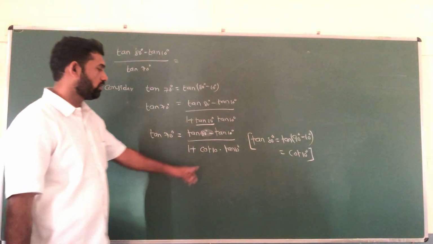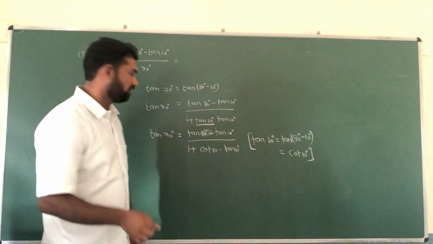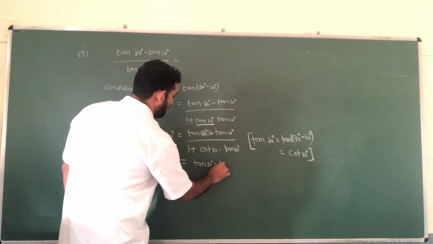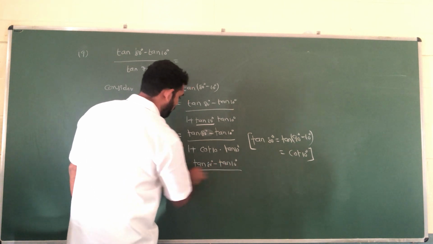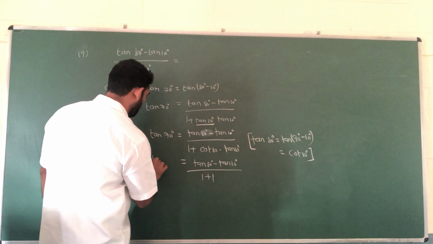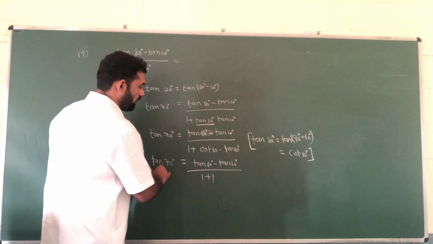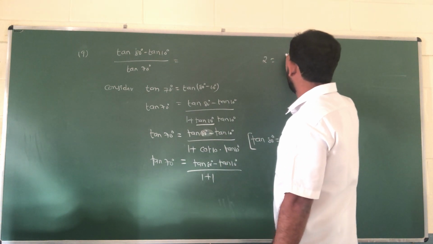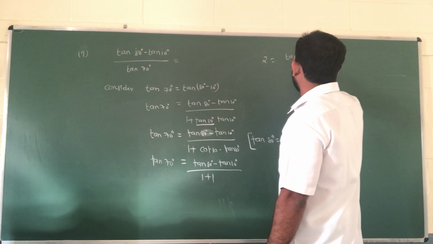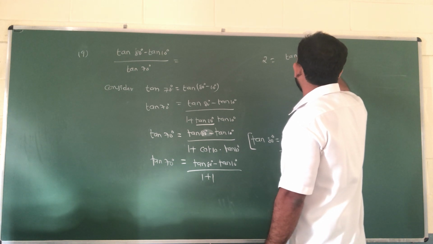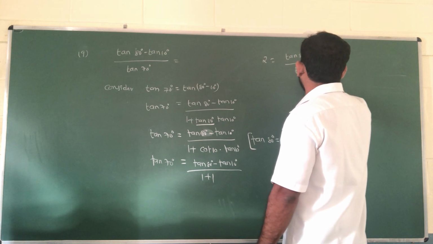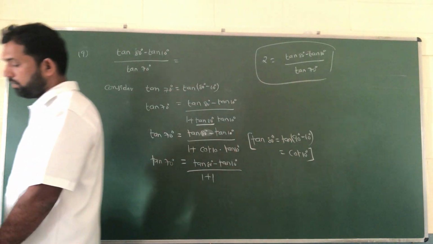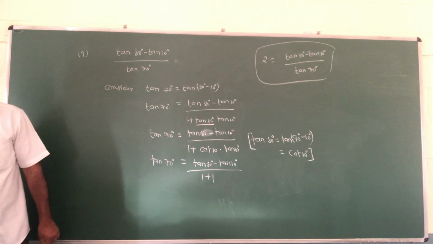So cot 10 times tan 10 is 1. So this value, tan 80 minus tan 10 degrees divided by 1 plus 1, is equal to tan 70. Cross multiply and we get that 1 plus 1 is 2. So 2 is equal to tan 80 minus tan 10 degrees divided by tan 70 degrees. So 2 is the answer. Important question. 2 is the answer.